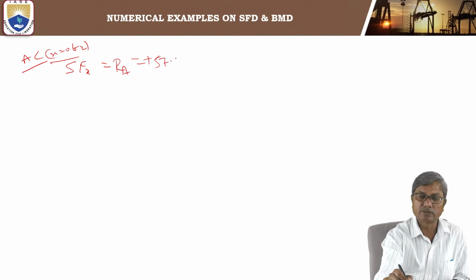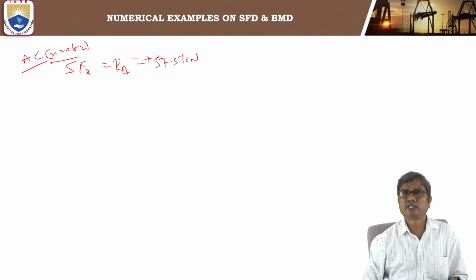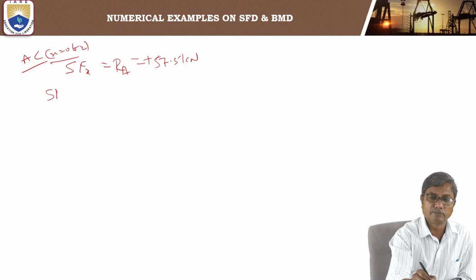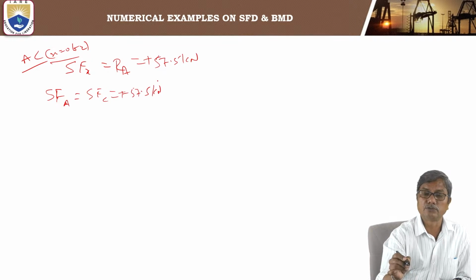So it is 57.5 kilonewtons, and you can see it is independent of the distance of the section. So the shear force remains constant between A and C. So shear force at A is equal to shear force at C, which is plus 57.5 kilonewtons.